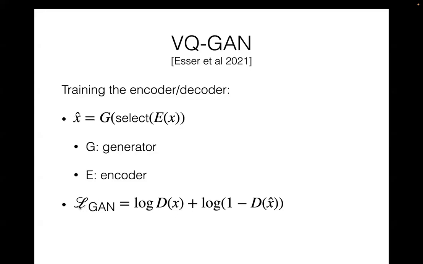What I'm not showing here is that one will be minimizing this, one will be maximizing it. So if the discriminator is trying to push down this probability, then the generator will try to push it up. And that'll basically incentivize it to fool the discriminator.